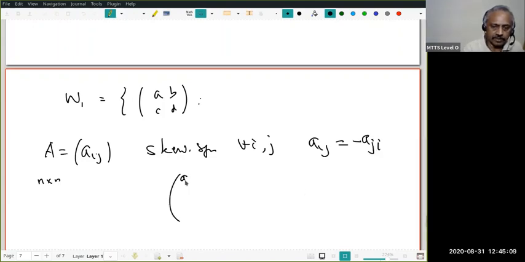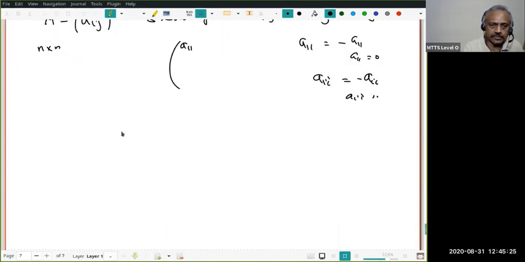Then in particular, what will be a11? a11 must be equal to minus a11, and that means a11 must be 0. And similarly, aii equal to minus aii, that means aii must be 0. Therefore, any skew symmetric matrix will have 0 on the diagonal.